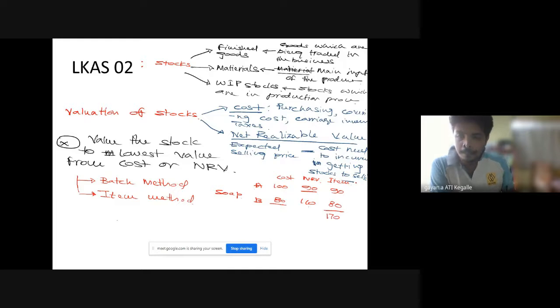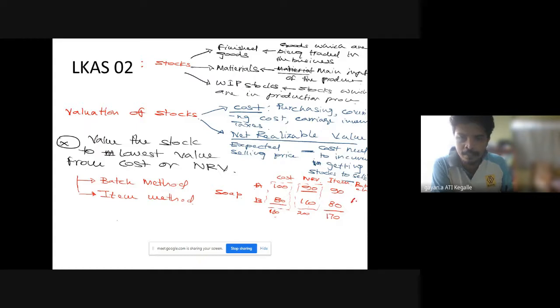When it becomes the batch method, batch system, we need to consider the total cost related to this batch. සබන් වල සමස්තය. එතකොට 180යි 180. What about the net realizable value? 200. Then under the batch system, we need to consider all the batch, and the lowest amount is 180 belonging to soap.